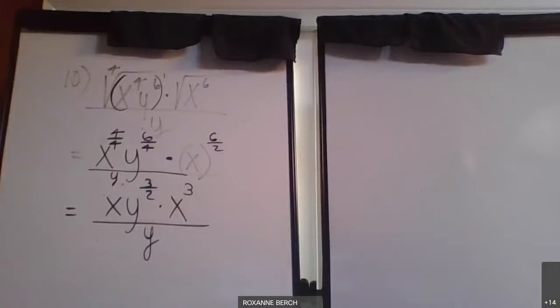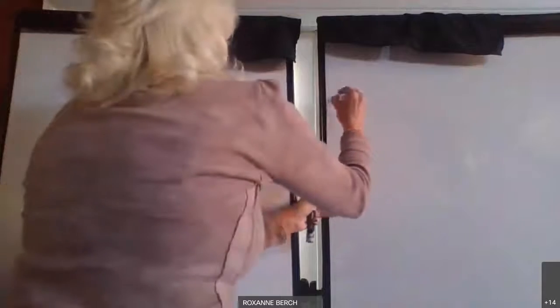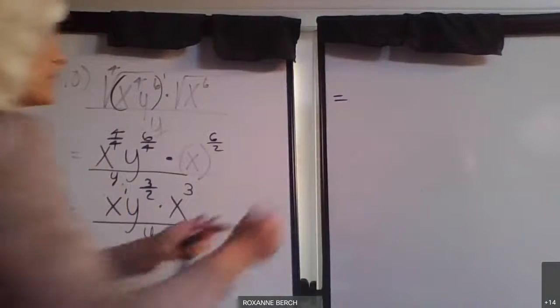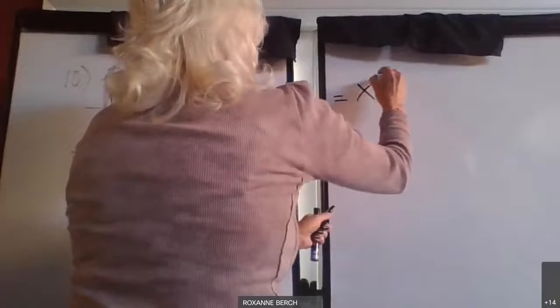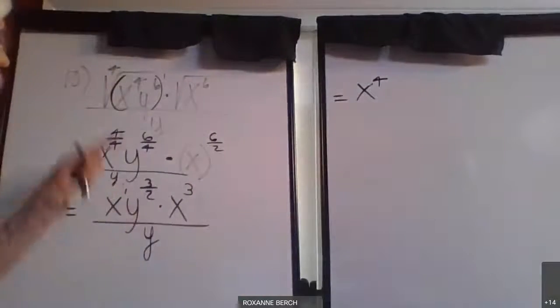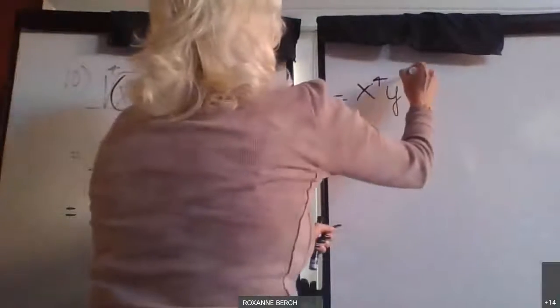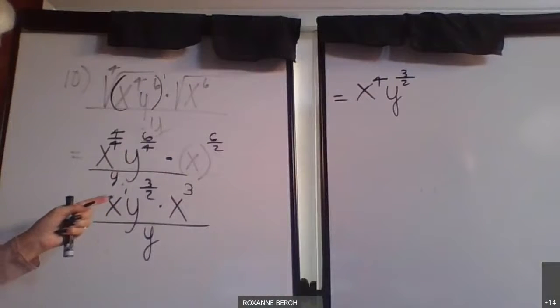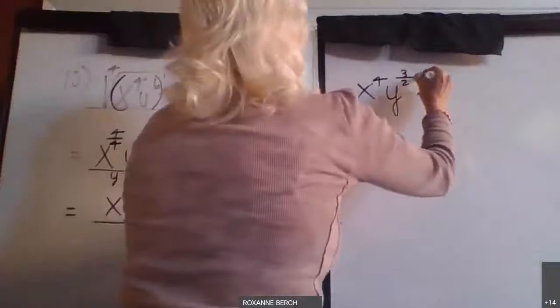Yes, okay. So now what I'm going to do is combine the x's first by using the product property, and then I'm going to take care of the y's. The product property says that when you multiply monomials with the same base, you add the exponent. So that would be x to the 4th. And the quotient property here says keep the y on the top and subtract the exponents, which would be 3/2 minus 1.